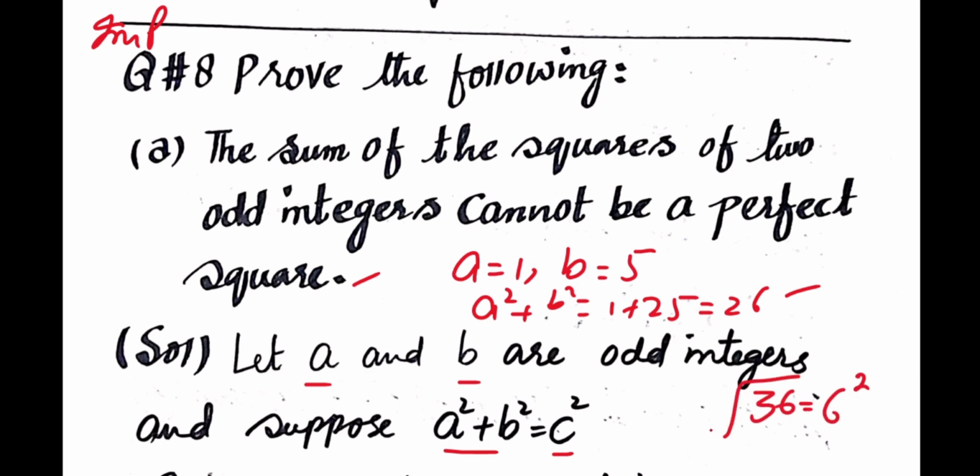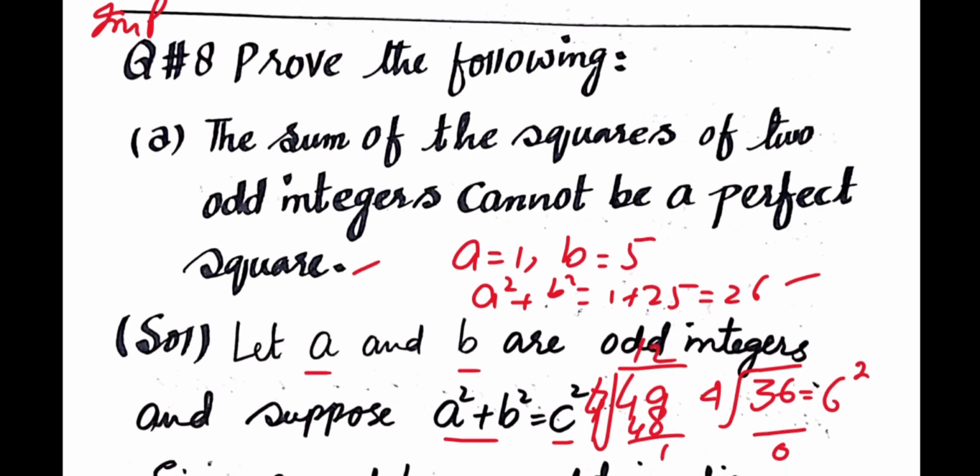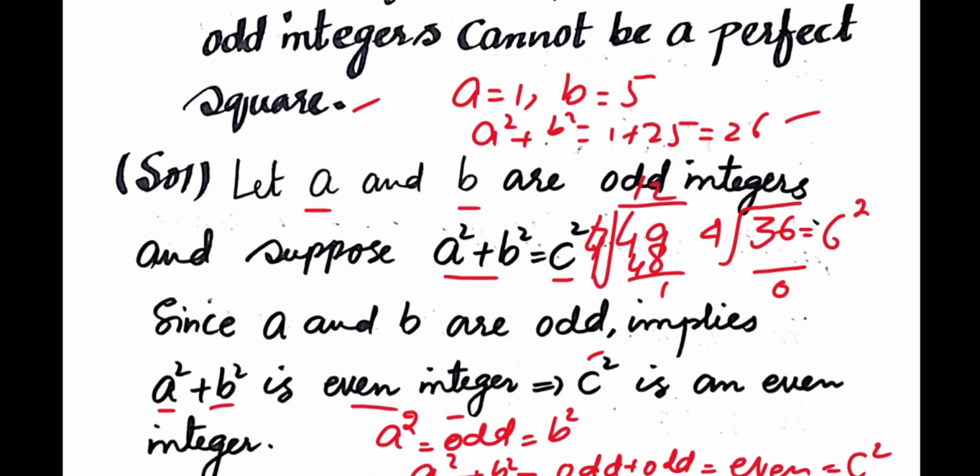When you divide 36 by 4, the remainder is 0. Next, suppose 49. 49 is also a perfect square. When you divide 49 by 4, it leaves the remainder 1. So when you divide any perfect square by 4, it always leaves remainder 0 or 1.